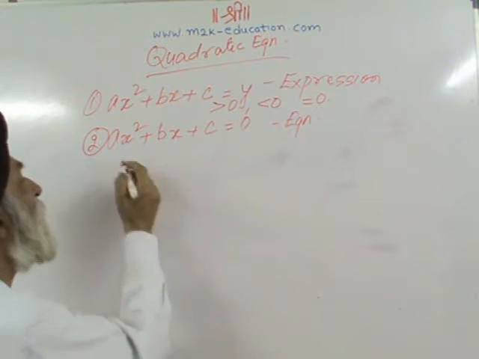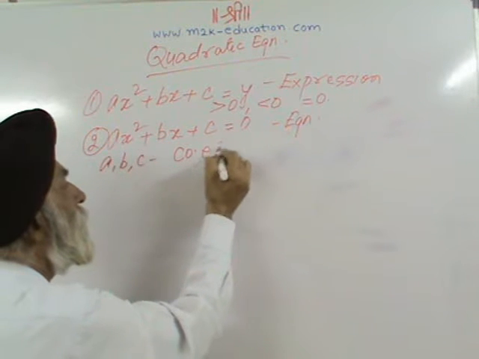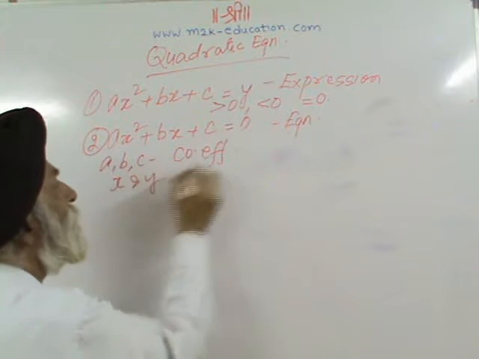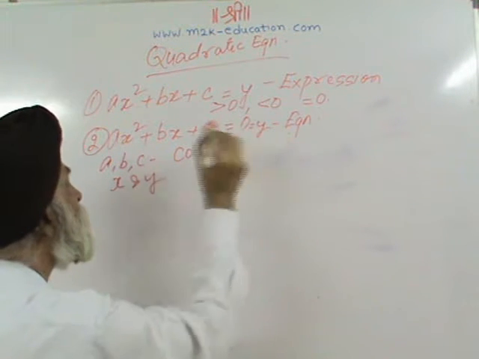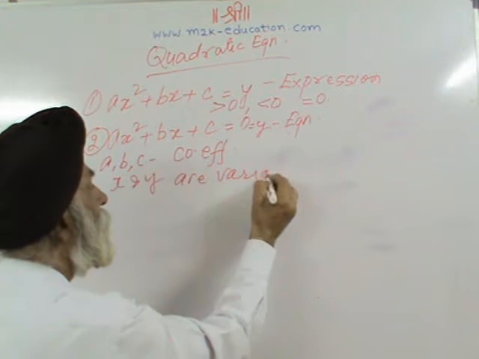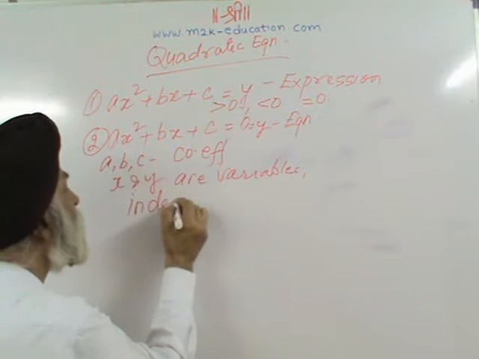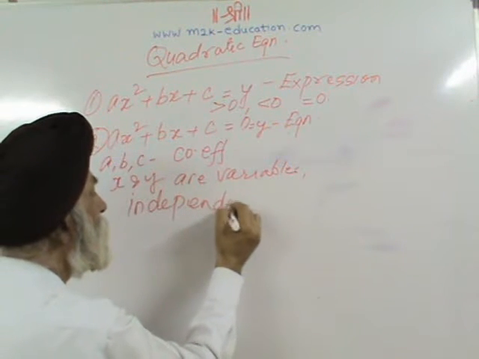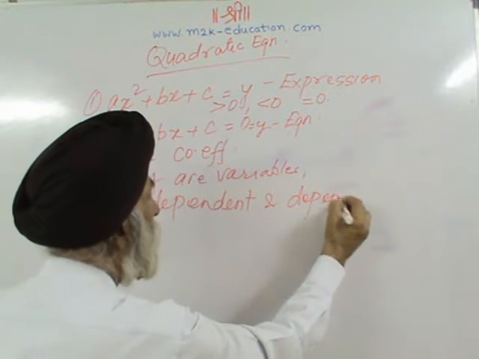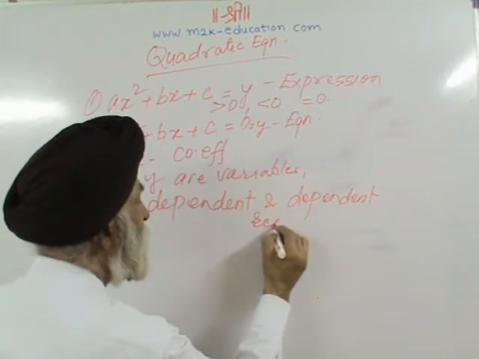So I have said that a, b, c are the coefficients and x and y are the variables, independent and dependent respectively.